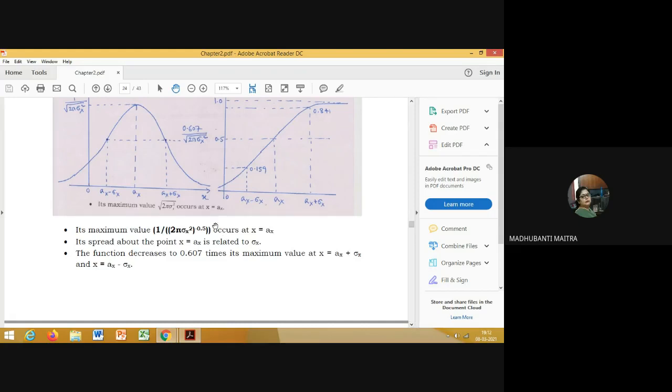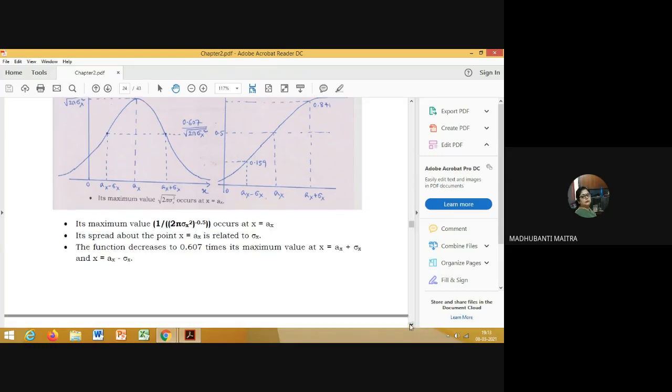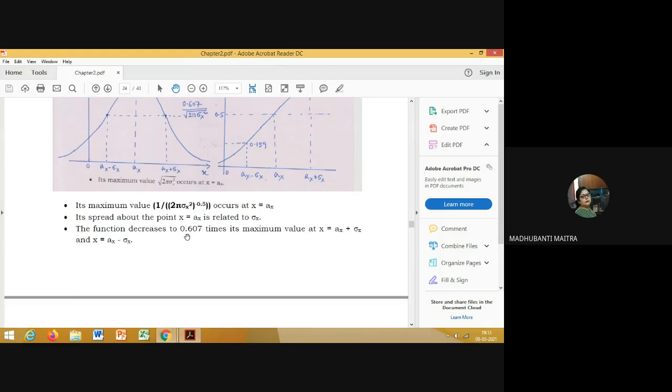So ignore this part. Its maximum value is given by 1 by 2 pi sigma x square to the power 0.5, that means the square root of this, and that occurs at the point x equal to ax. Its spread about the point ax is related to this sigma x, and the function decreases to 0.607 times its maximum value at these 2 points.